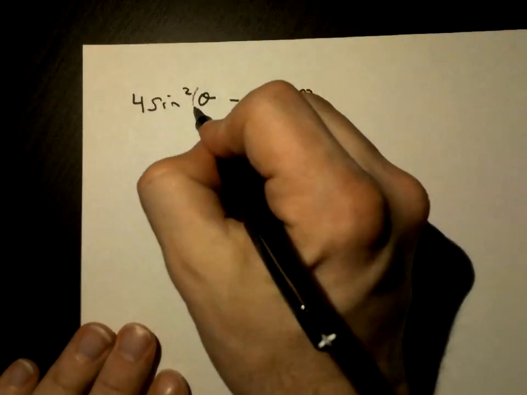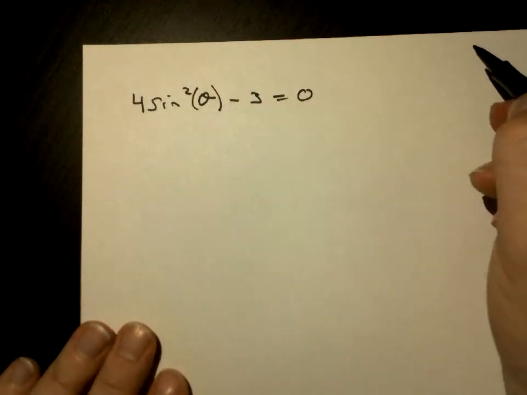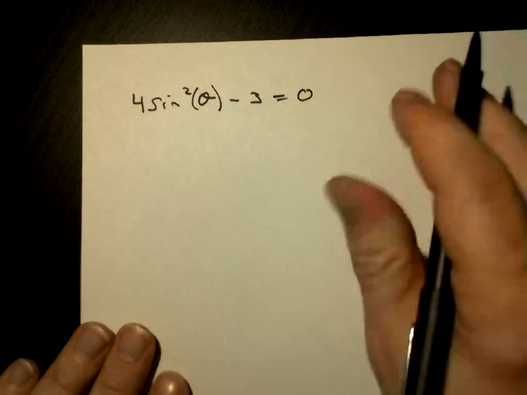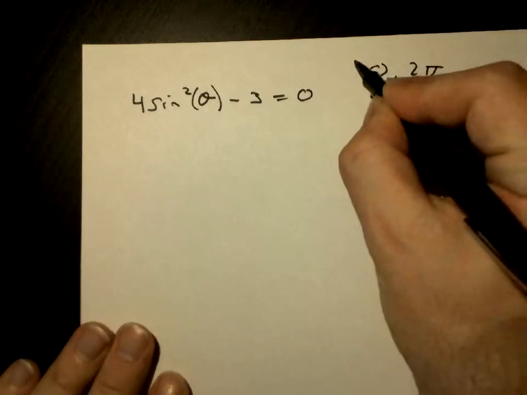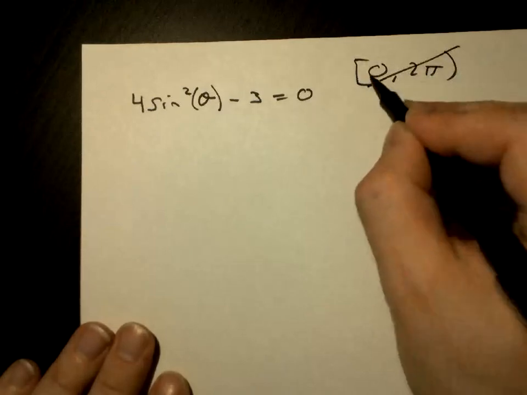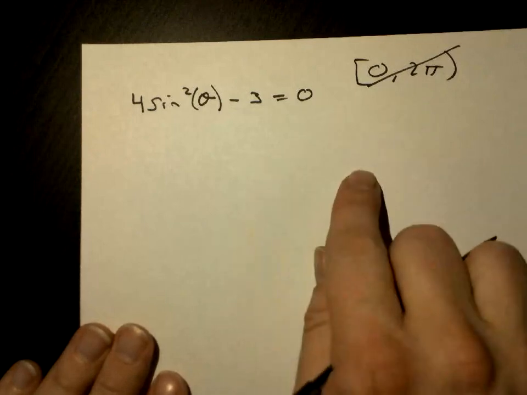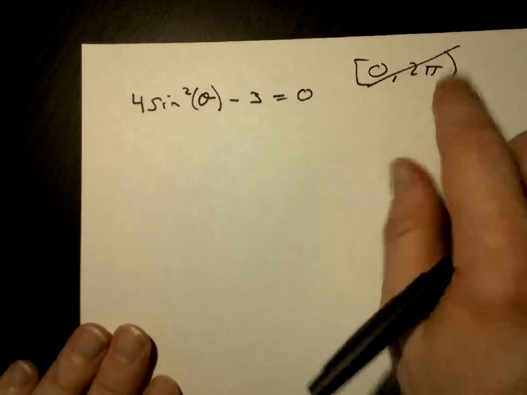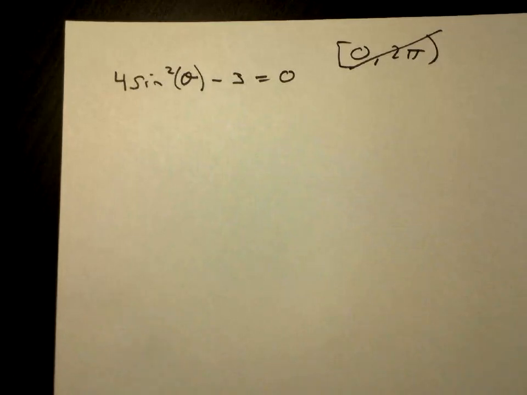If you want to put a parenthesis, that's fine. I'm not going to give you a restriction. So remember last time I gave you between 0 and 2 pi. I'm not going to give you that because I want to show you what would happen if we're not given this restriction. So here we go. You're probably saying, okay, where do I start?